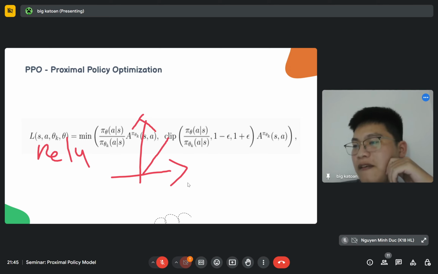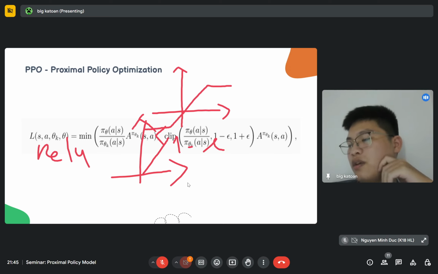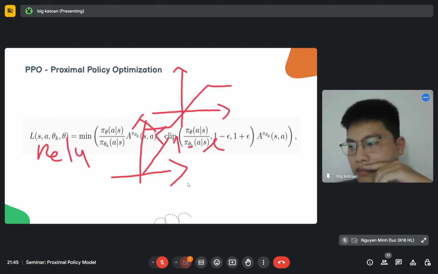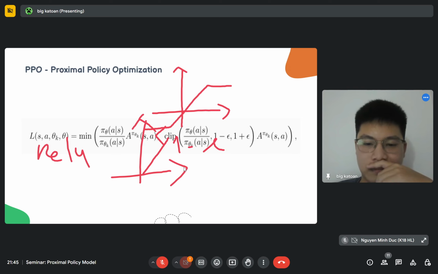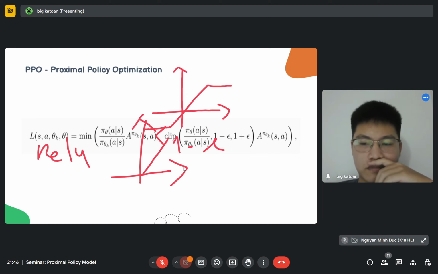And clip is just like that. When it's smaller than 1 minus epsilon, it becomes 1 minus epsilon. And when it's larger than 1 plus epsilon, it becomes 1 plus epsilon. Do you understand?